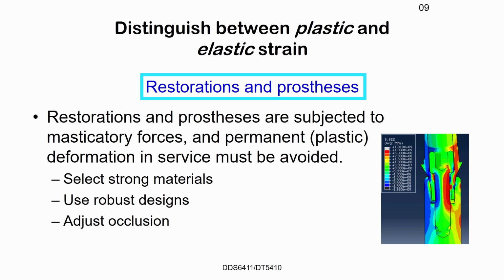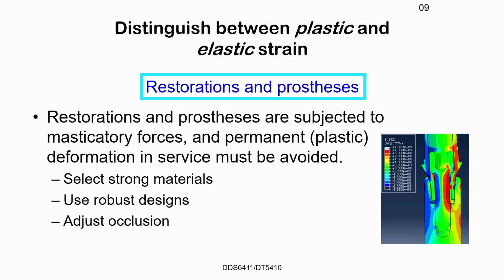The plastic strains are usually undesirable, especially when you have restorations, because, as I said, the patient's mouth is so sensitive, so any permanent deformation, they will be able to detect it. So if you overload an implant and you cause permanent deformation, your occlusion would not be very well. The teeth are not very well aligned.